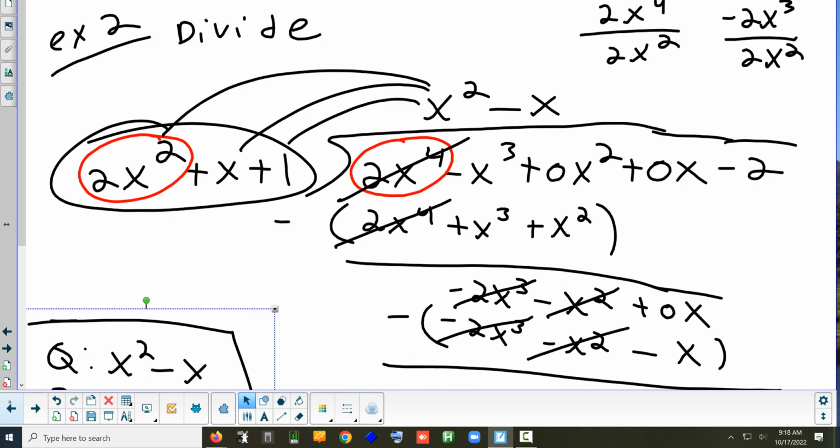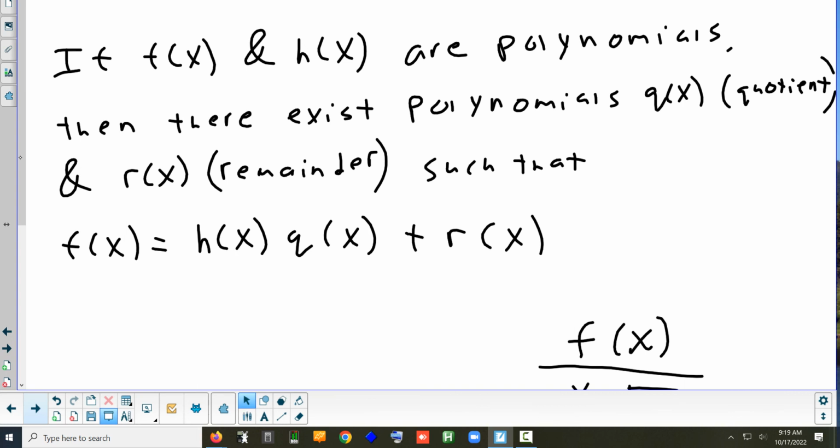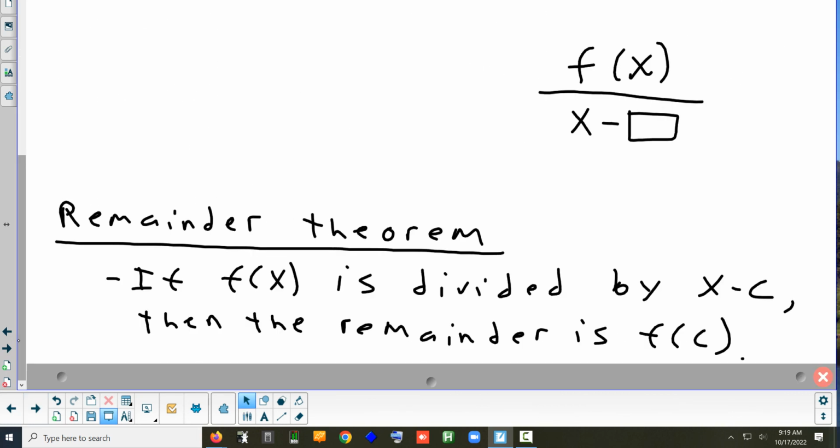In the first one we did, it was x cubed minus 8x plus 3. That was our numerator. That was our dividend. And we divided by something that could be written x minus a number. Whatever number is in that box, if you take the number in that box and fill it into the top in place of the x, it will give you the remainder.